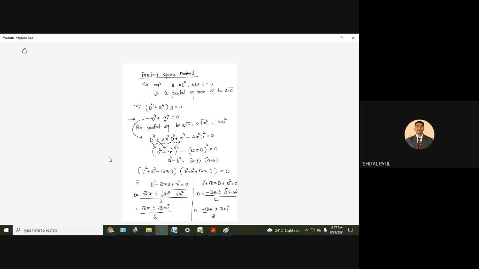So let me write it on the next page. Hope you might have understood. Now I'll cancel root 2 from the numerator. So 2 is root 2 into root 2, na? So I'll cancel one root 2.